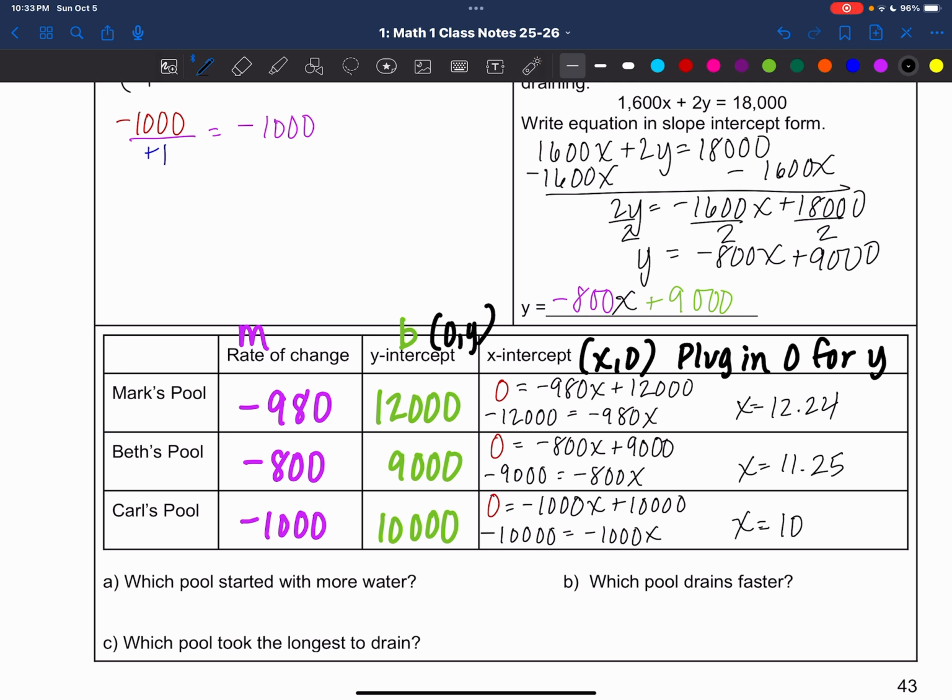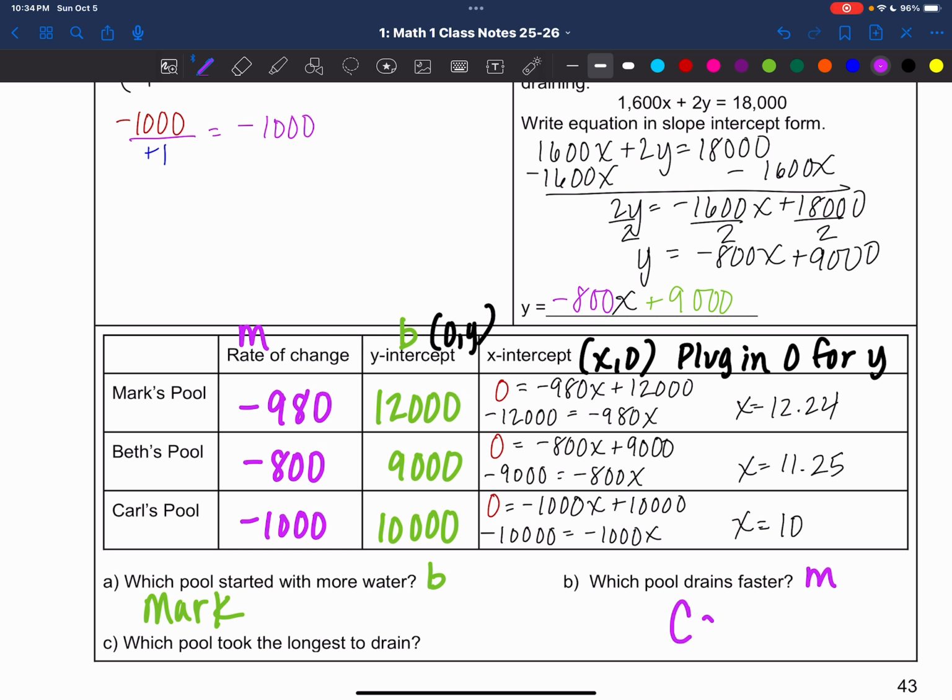So now that we have all this information, now we can compare. So which pool started with more water? You're going to look at the y value, which is your b. So if you were to look at this, Mark's pool actually ended up having the most water to start. And then it says which pool drains faster. If you're looking at draining faster, you're looking at the slope, which is the m. And so which one has more?